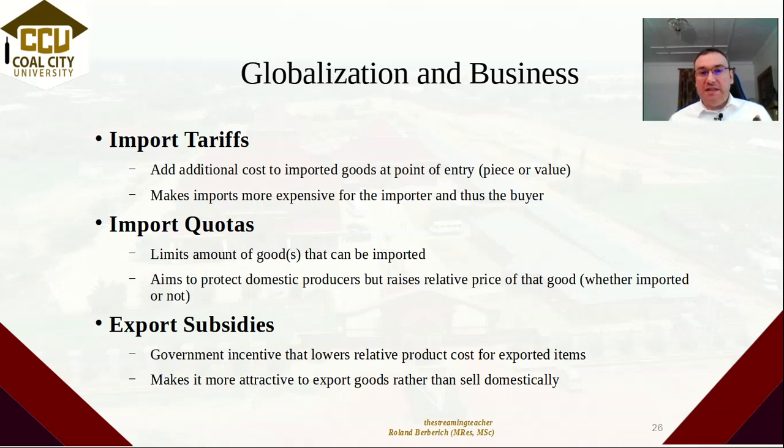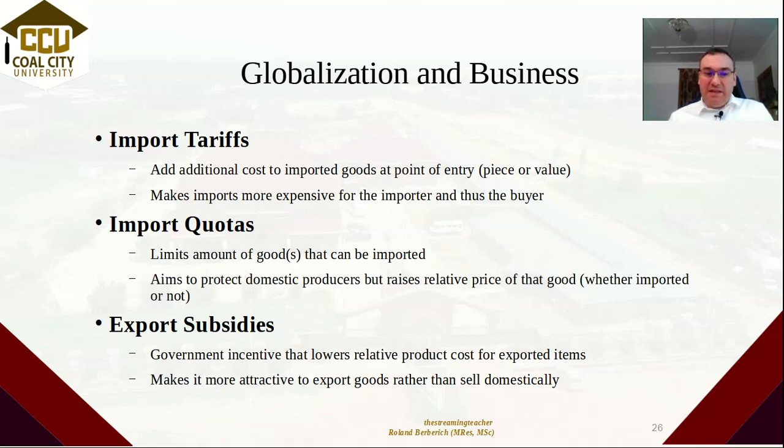Now you can also incentivize exports. So when you say every unit of good that is exported will not pay this kind of tax, or can be sold for a lower price, then you are making it more attractive for the company to send that good abroad, because they can still charge the same price.